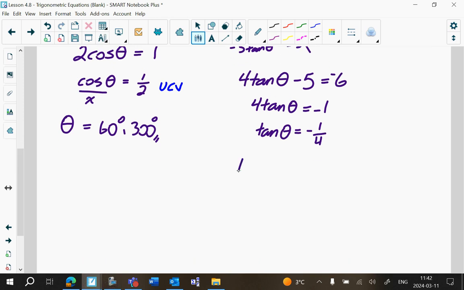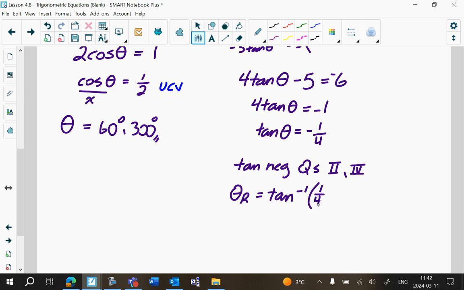Tan is negative in what quadrants? 2 and 4. So I know my answers are going to lie there. But in order to find them exactly, I need the reference angle, which I find by taking the tan inverse of 1/4, because that's how we find angles using trig.